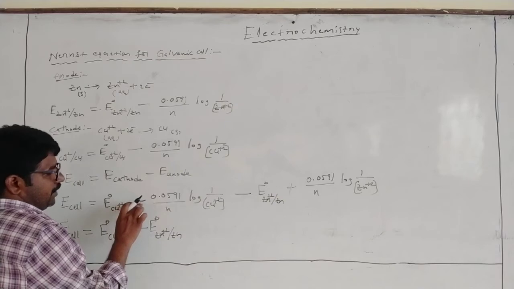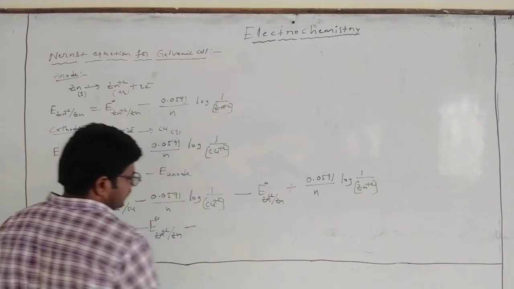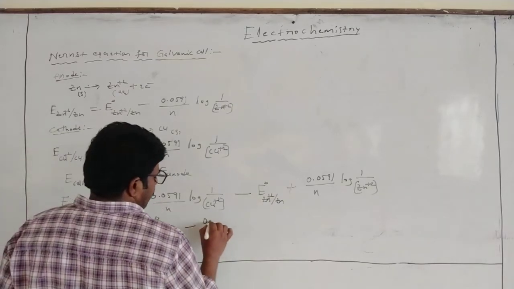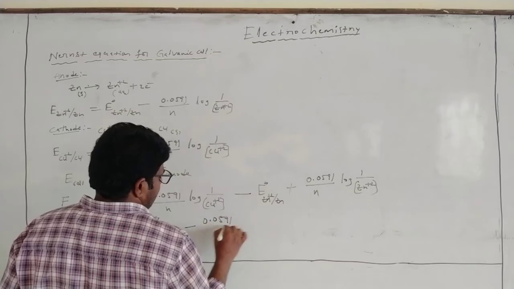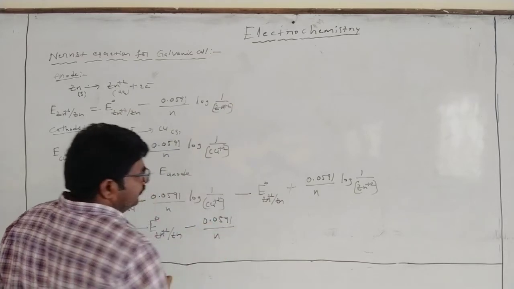Right? Now here minus is there. Minus 0.0591 by n.